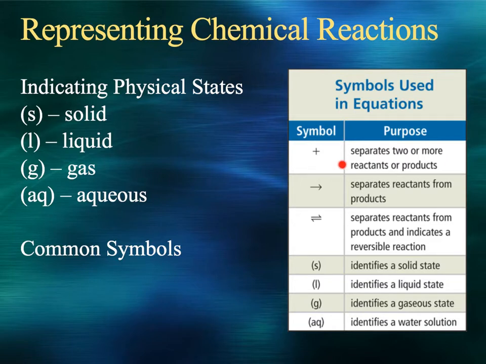The plus sign separates 2 or more reactants or products. The arrow separates the reactants from the products. This we're probably not going to see too often, but if you go on and take AP Chemistry and talk about equilibrium, you'll see reactions that can be reversed. They can go both directions. And then down below there, of course, we've got our states that are also on the left-hand side.